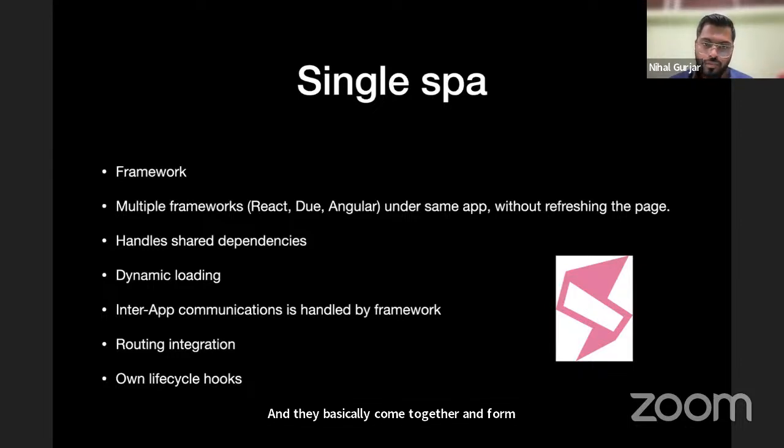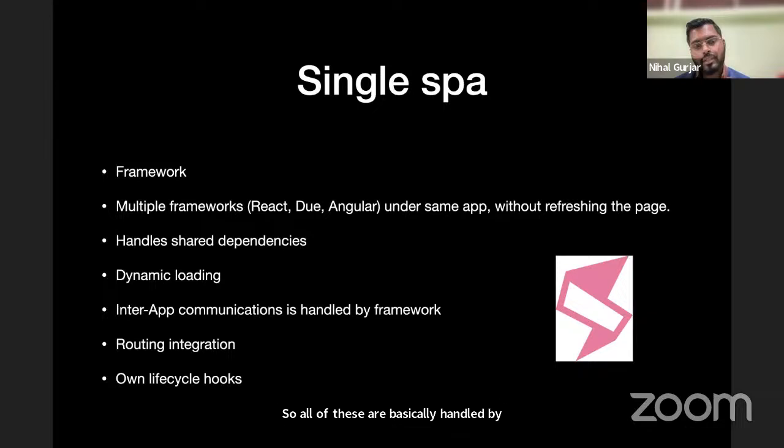Since this is a framework, it handles all the shared dependencies. It handles the life cycle of all the elements, like how components are mounted or unmounted. React has a different life cycle, Vue has a different one, Angular has a different one, and all of these are handled by single SPA.